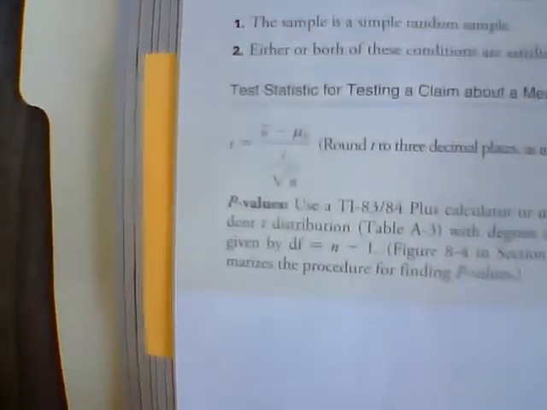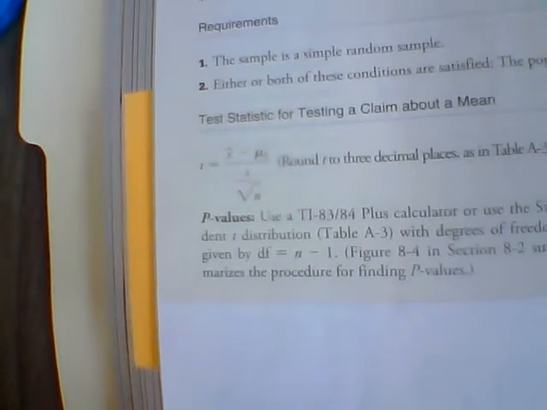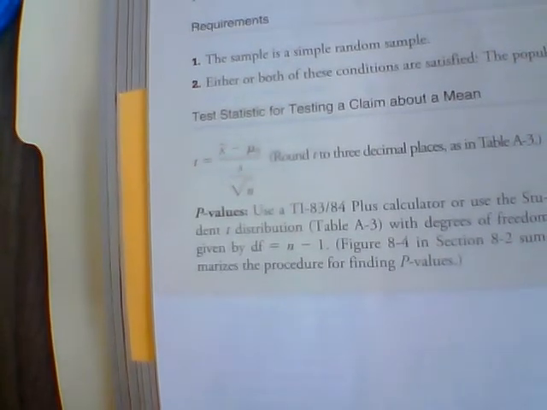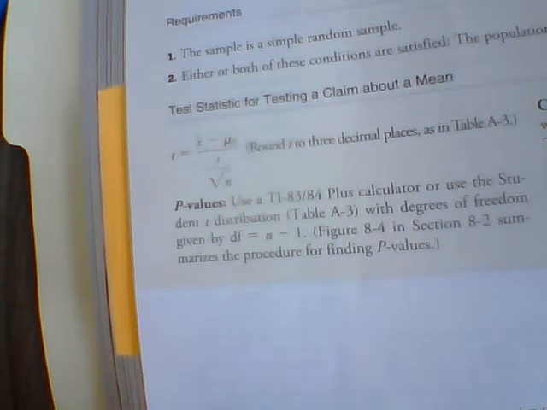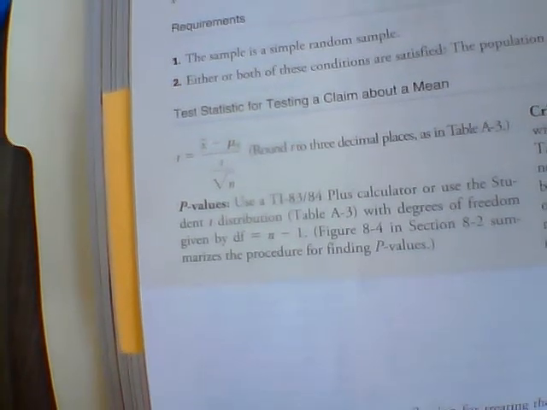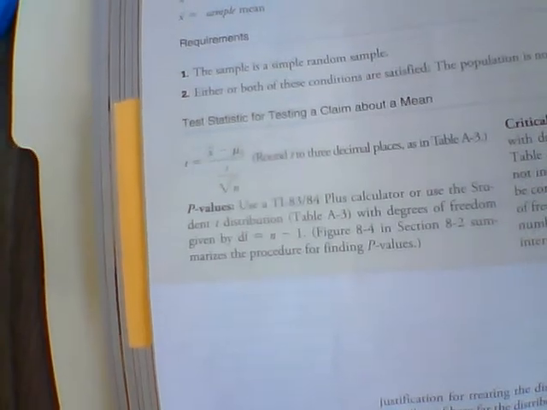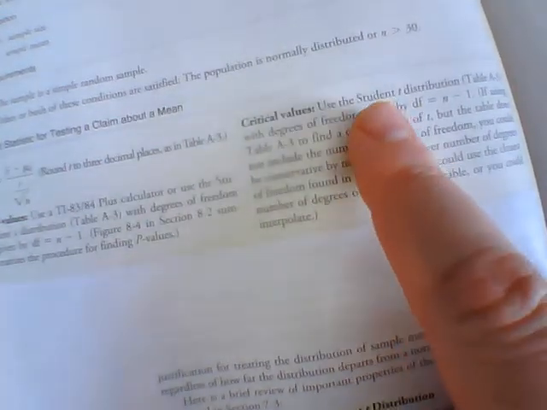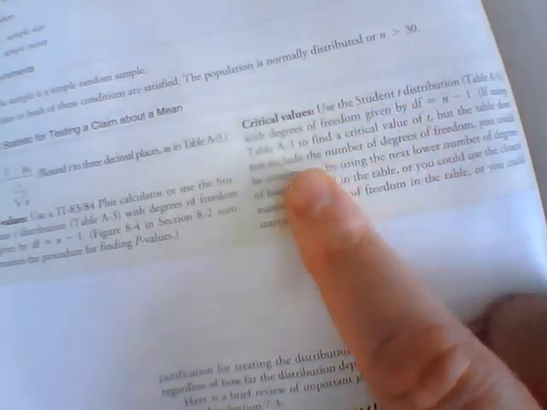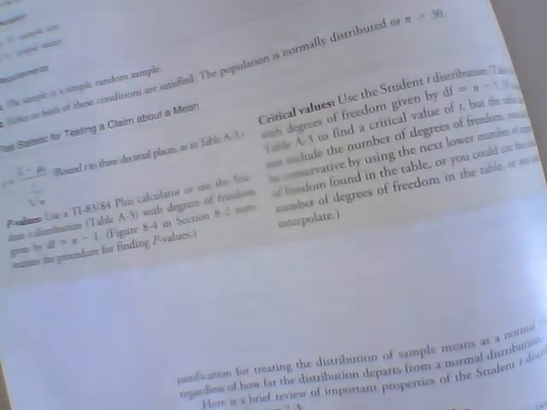Our test statistic is t equals x bar minus mu x bar over s divided by the square root of n, where s is our sample standard deviation. We'll have our p-values, degrees of freedom n minus 1, and the critical values coming from the student t distribution given in our indexes.